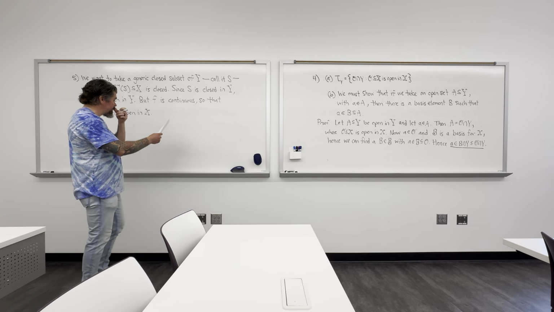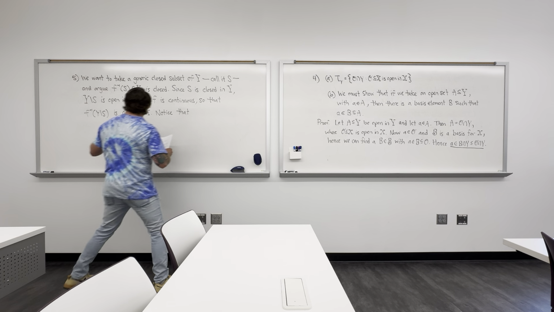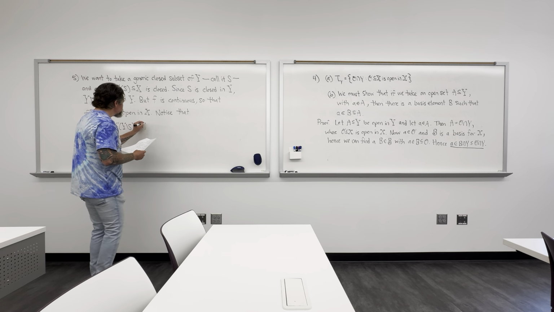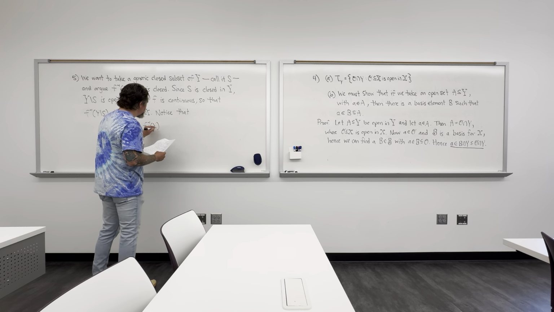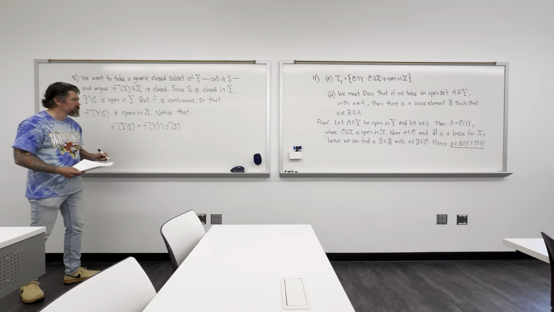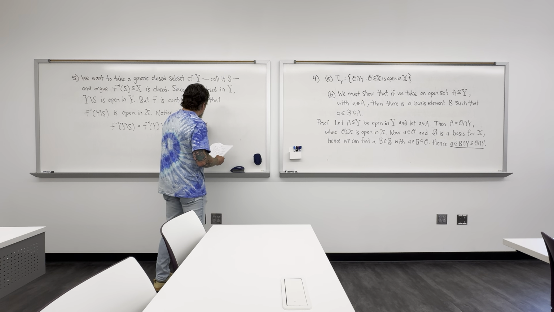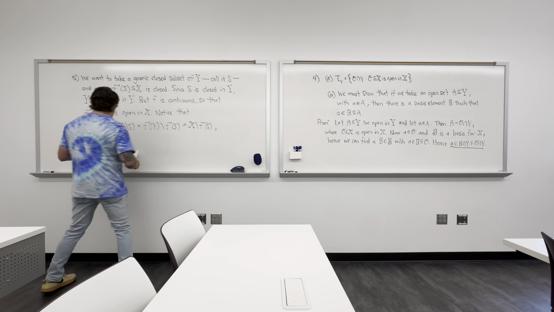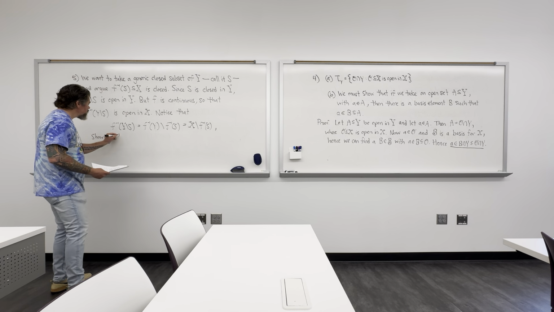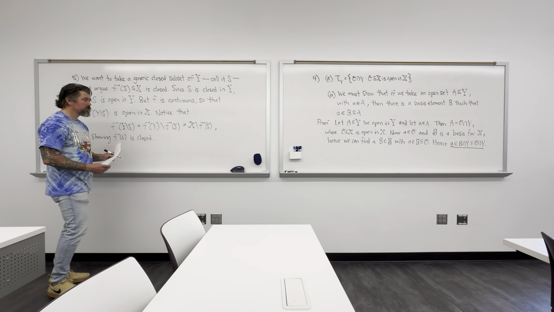And now my hint was to use number 1, so notice that the inverse image of the complement by number 1 is the inverse image of Y minus the inverse image of S. But this is just X minus the inverse image of S, which is open, showing f inverse of S is closed.